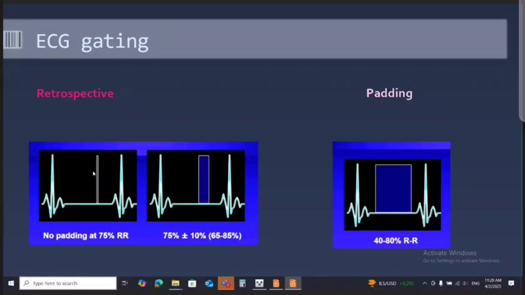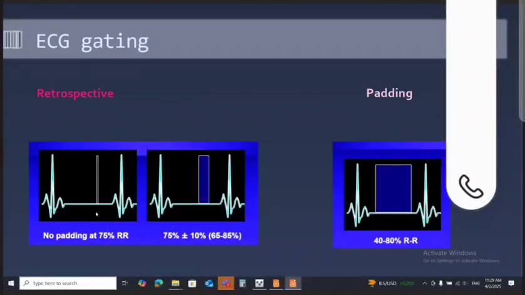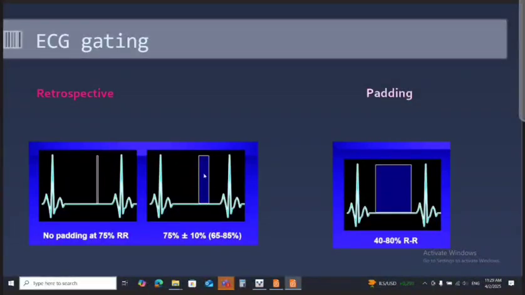On the other hand, the prospective images, which was initially performed at a single point of the RR interval, the condition was dealt by increasing the width of the acquisition by adding padding. In this case, the prospective with padding, we have a wide window of imaging from 40 to 80% of the cardiac cycle, but outside this window, there is no acquisition.